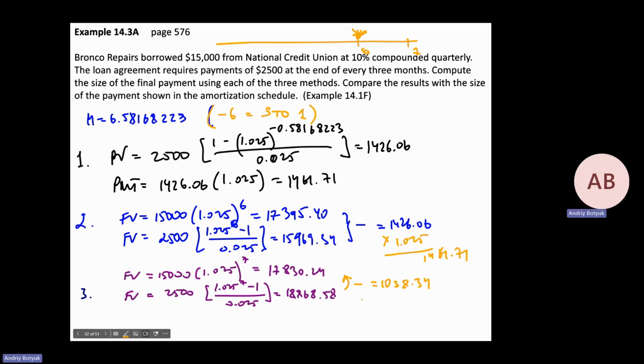Now what I do, I take 2,500 minus 1461.66. So here I have discrepancy, what, 5 cents?